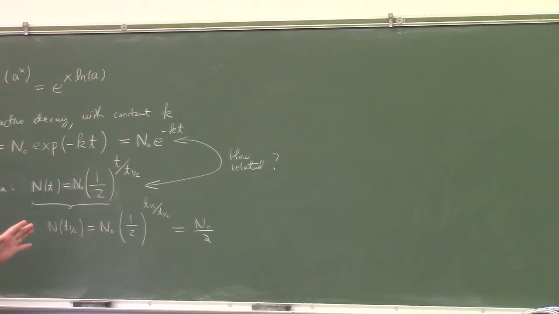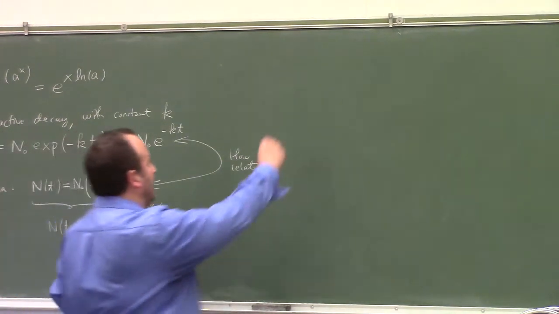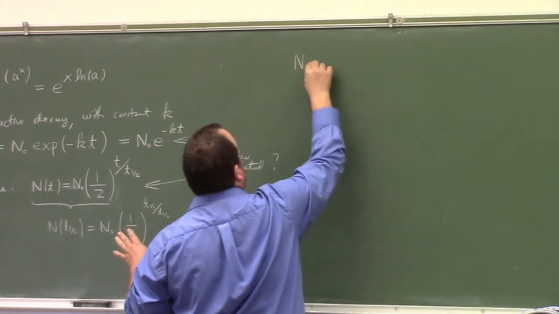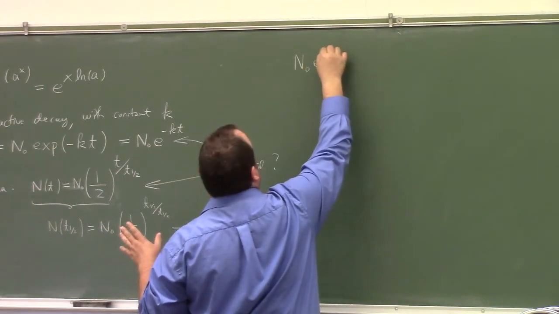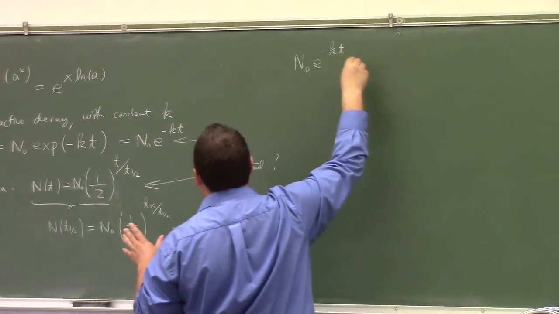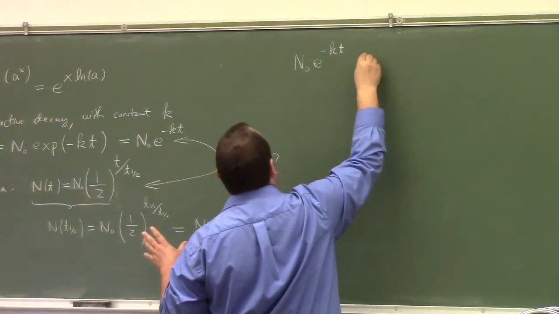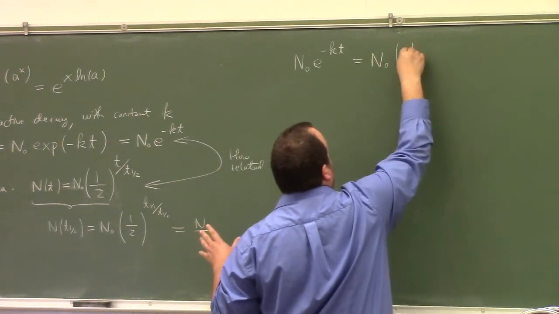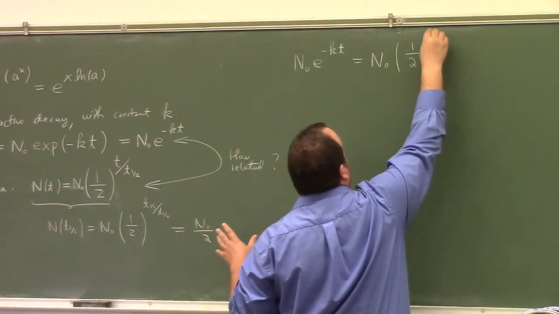Okay, so basically we're asking, can we solve this equation? We're not exactly solving the equation. We're trying to compare two formulas and see if we can understand the relation between the parameters involved. It's a little bit more sophisticated than solving an equation.